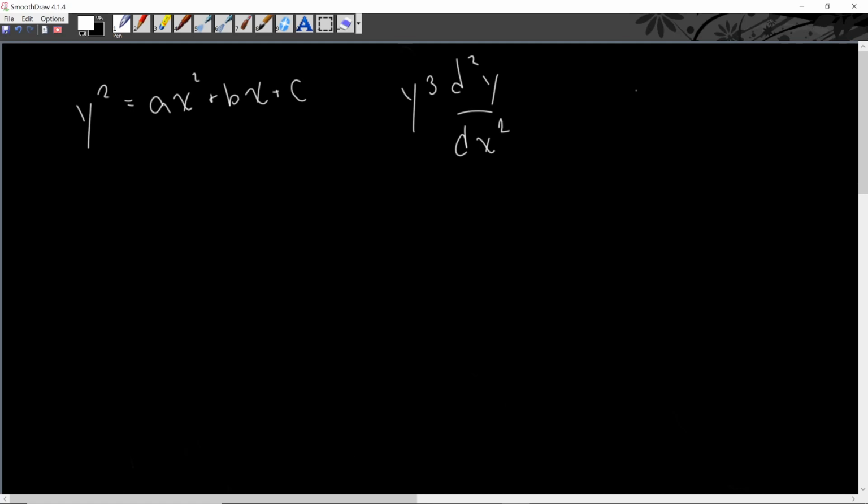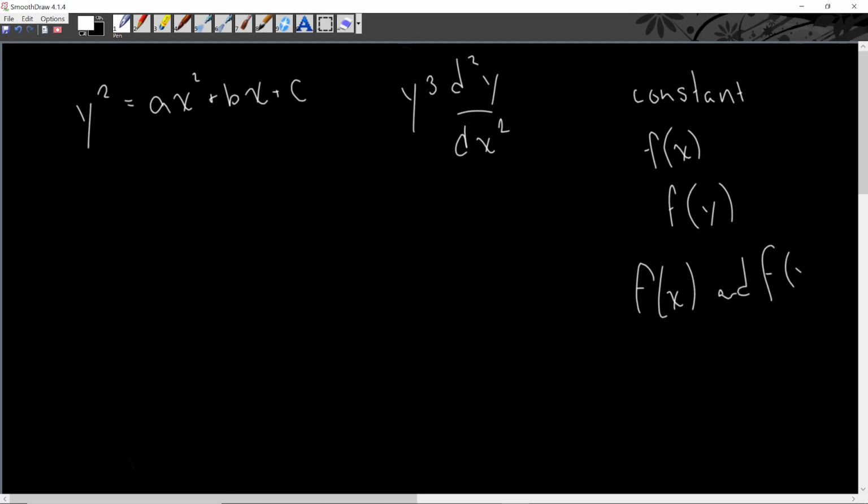It's either a constant, a function of x, a function of y, or a function of x and y. Those are the answers, exactly how they're given.